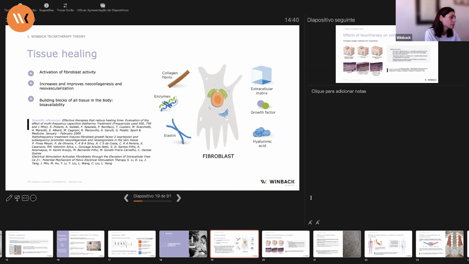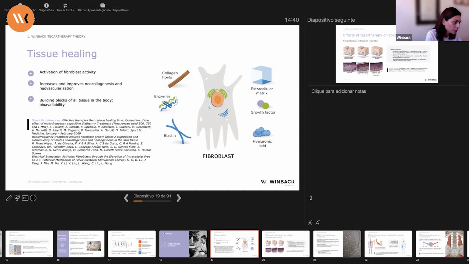And it gives the building blocks of all tissue in the body. How? By increasing the bioavailability. So you take the mechanism of each cell, your own healing process, and you just make it quicker.